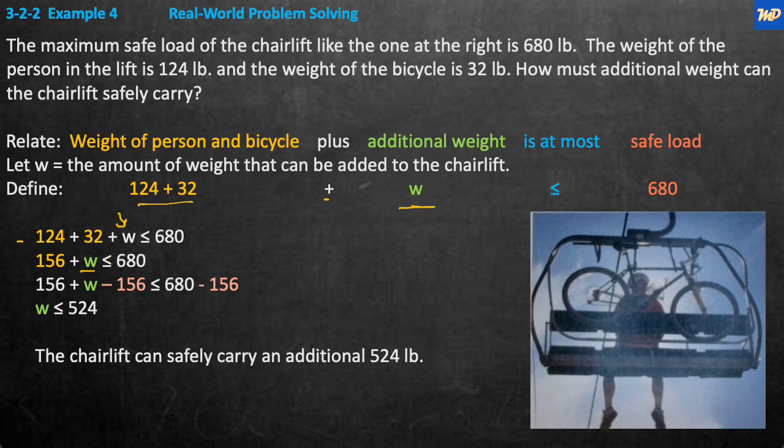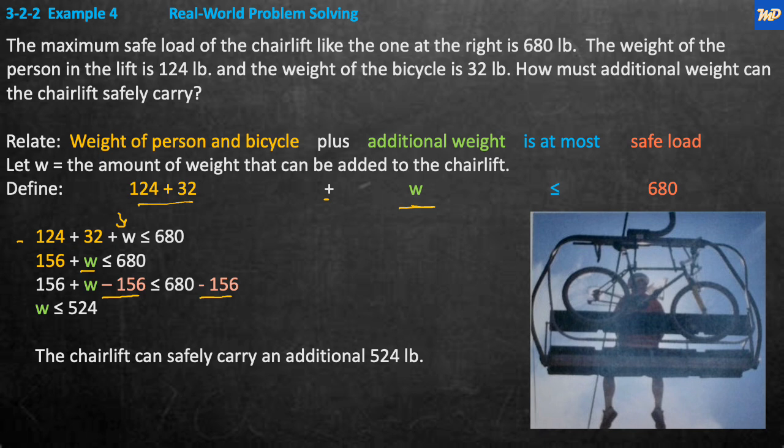So now we want to get the W by itself. In order to do that, we're going to undo the addition of the 156, and we undo that addition with subtraction. So we're going to use the subtraction property of inequality and subtract 156 from both sides of the inequality.